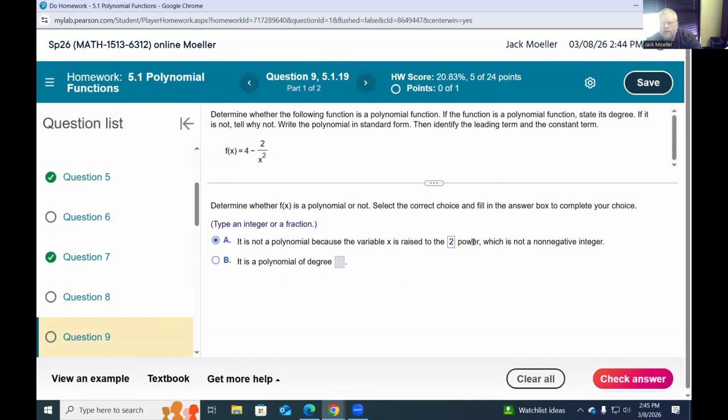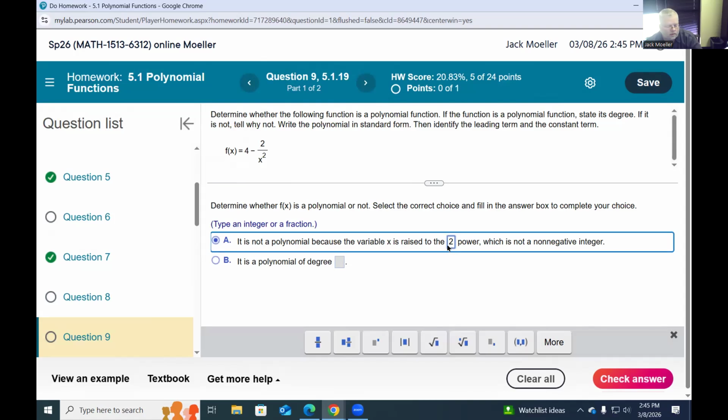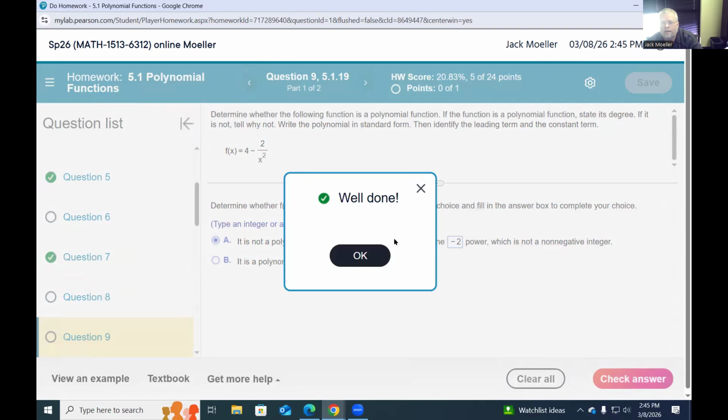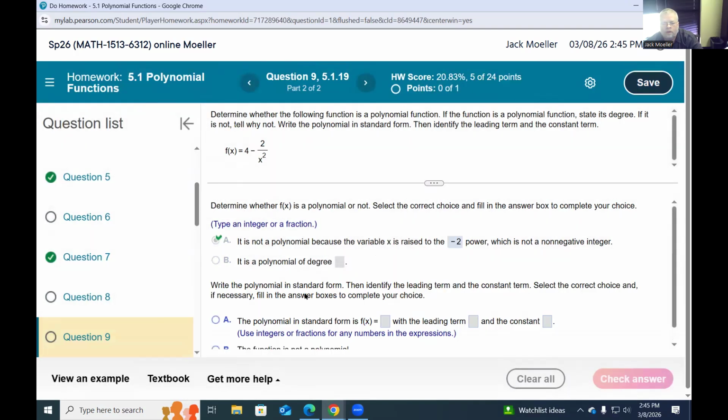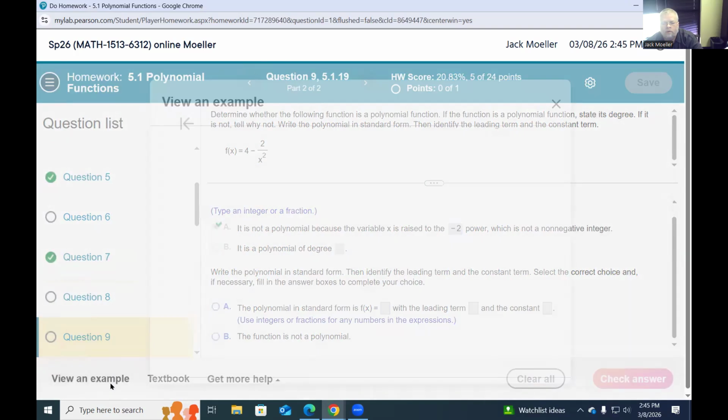So why are they saying 2 is not the answer? All right, because really, when you're dividing, you can flip that up, and it really should be negative 2. That's what it means when you're dividing by x squared. And again, this is one where if you're not for sure, look at the example.